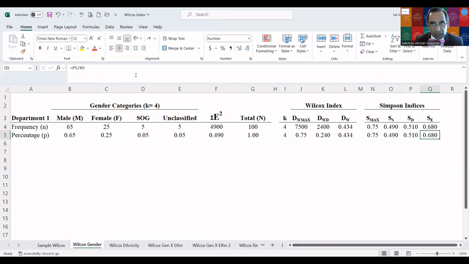And that 0.68 indicates that 68% of the maximum value, 0.75, was obtained. As I mentioned, the Wilcox index generally produces diversity scores that are smaller because you're subtracting the square root of the product from 1.